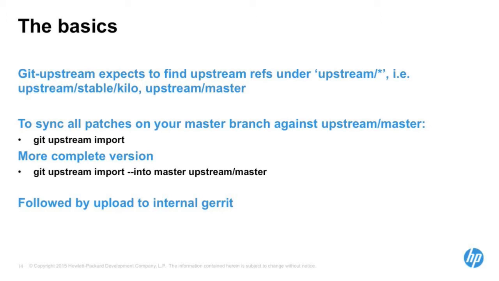There are lots and lots of options, but I prefer defaults that usually work. So if you name things certain ways, it should just work, and you should not have to worry about any of the extra options. And the idea is that once it's complete, you upload the final result to your Gerrit for review, to go through your CI system, to make sure that these patches actually still work.